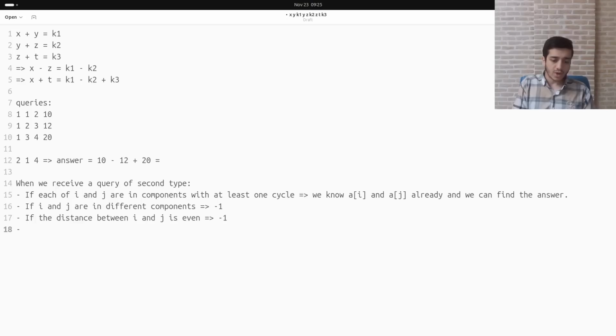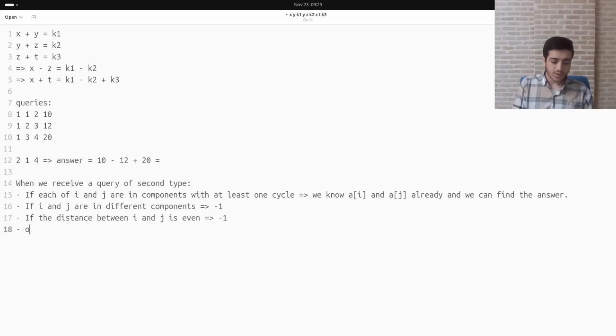Otherwise, what does it mean? They are in a single component. This component forms a tree, and also the distance between them is odd.